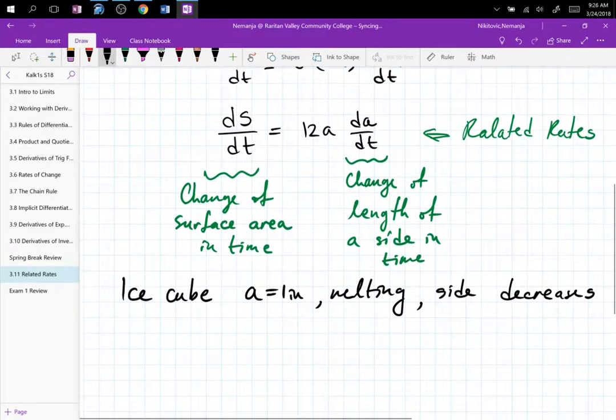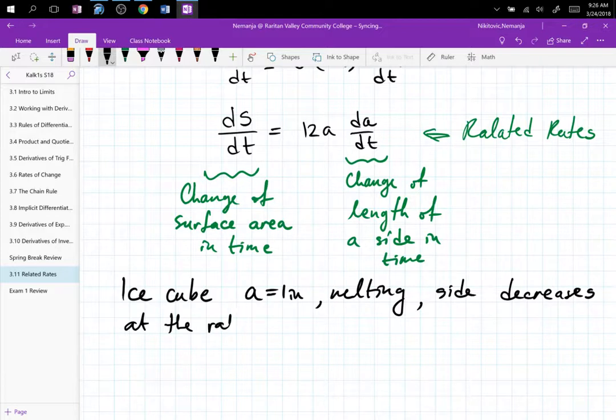So the side decreases at the rate of 0.09 inches per minute. I don't care. Whatever we put.